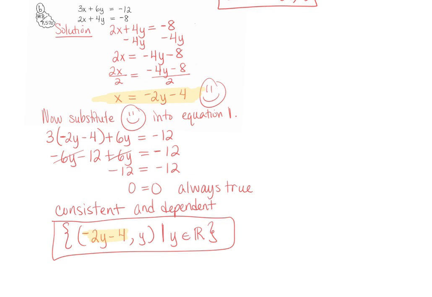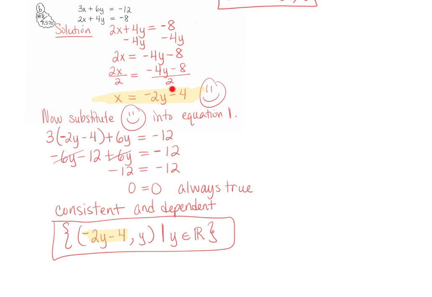All right, we talked about solving by substitution. What's our next method? Eliminate. Negative 2y minus 4. How you get the 4 is negative 4y minus 8 over 2, because we divided both by 2. Negative 4y over 2 is negative 2y.